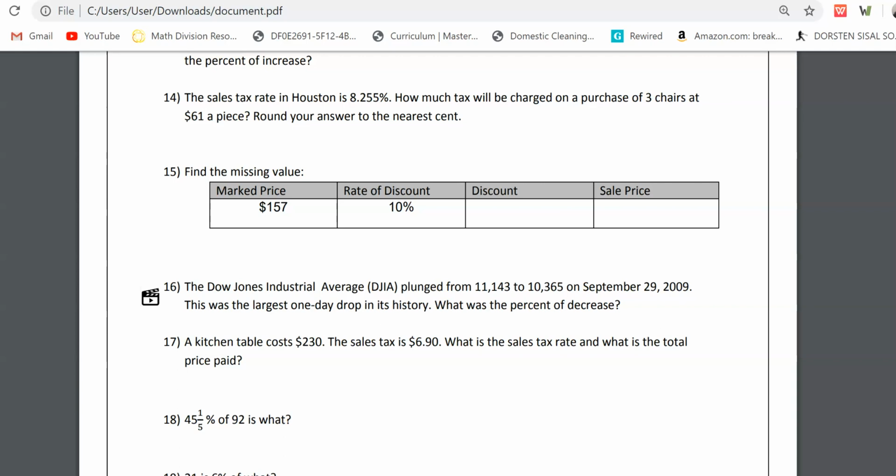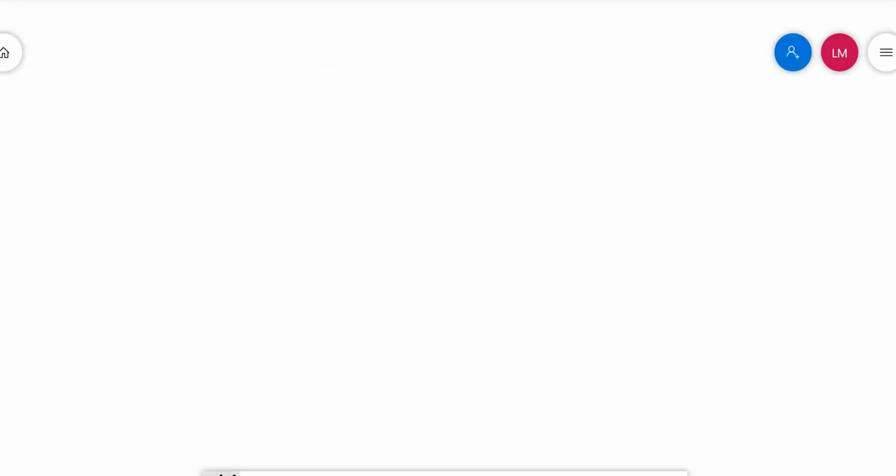The sales tax rate in Houston is given as 8.255%. How much tax will be charged on a purchase of 3 chairs if they're $61 apiece? Round your answer to the nearest cent. So let's talk about this. We have these 3 chairs, each $61.